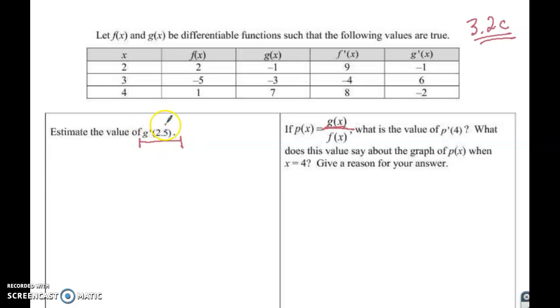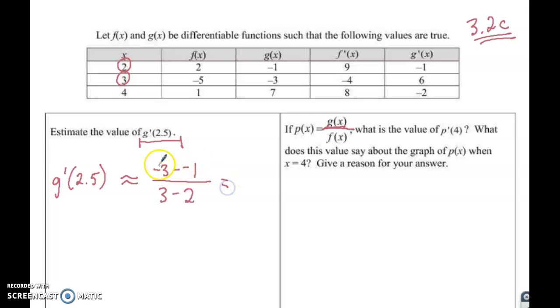Now remember, 2.5 is really close to 2 and 3, so if you're estimating, it's a good idea to use your estimation symbols. But pick values for x that are on either side, and the best ones are 3 and 2. And yeah, just go to where g of 3 is -3 minus g of 2 is -1.